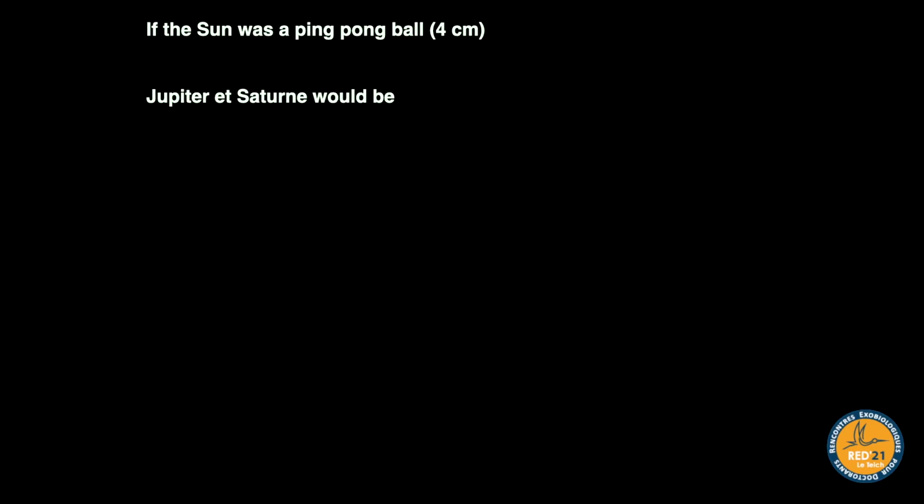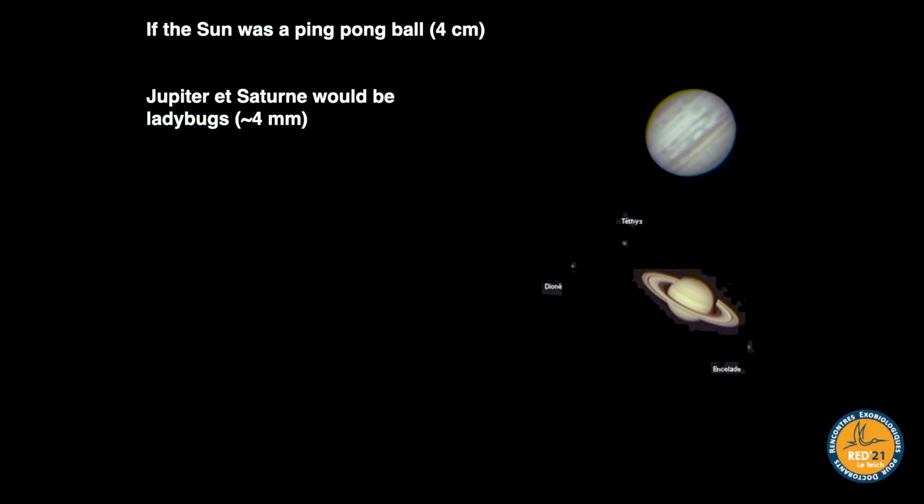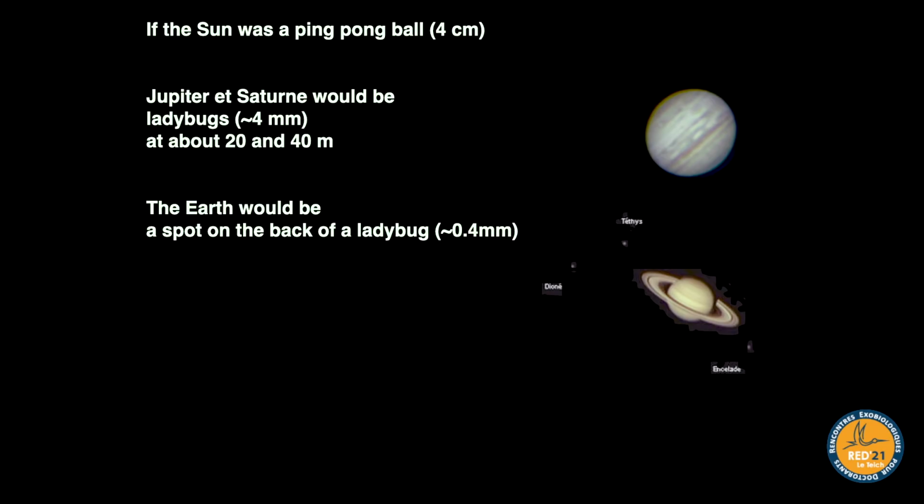So if the Sun was a ping pong ball of about 4 centimeters, Jupiter and Saturn would be ladybugs, about 4 millimeters, and they would be at about 20 and 40 meters from the Sun. The Earth would be even smaller than that, because the Earth would be the dot on the back of the ladybug.